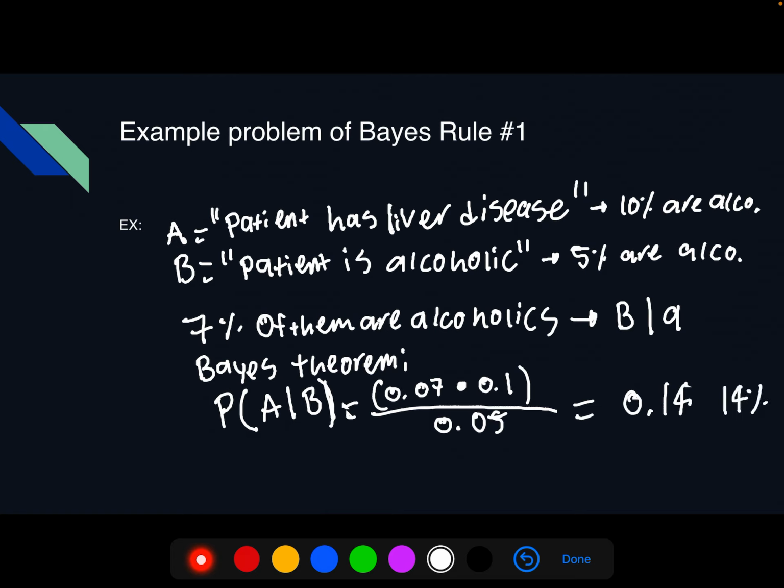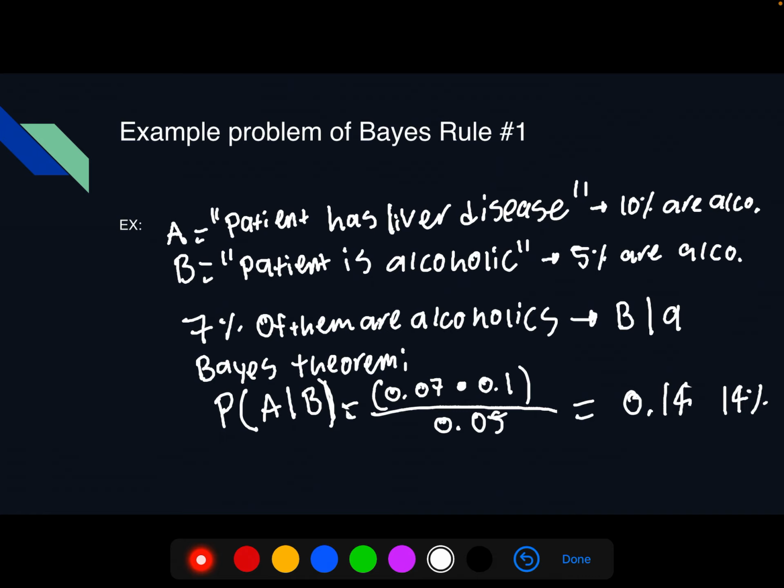This shows that if the patient is an alcoholic, then their chances of having liver disease is 14%, which is a large increase from the 10% suggested by the past data. But it's still unlikely that any particular patient has liver disease.